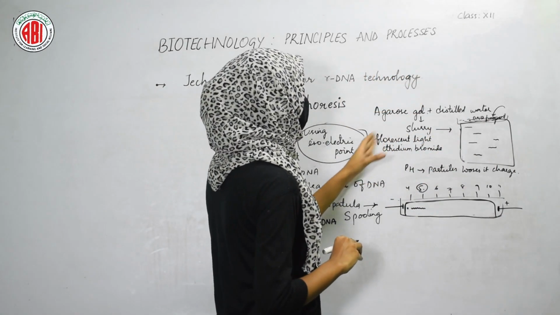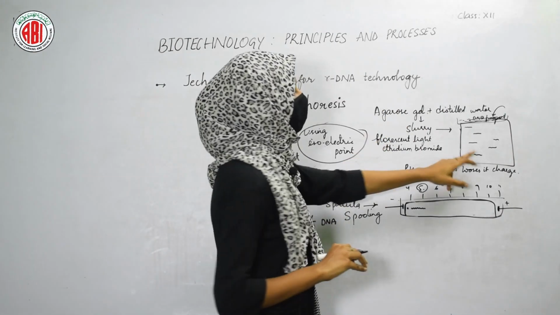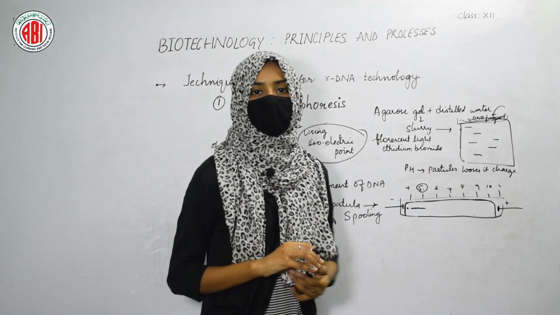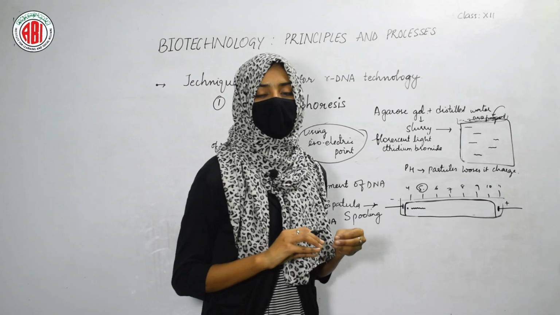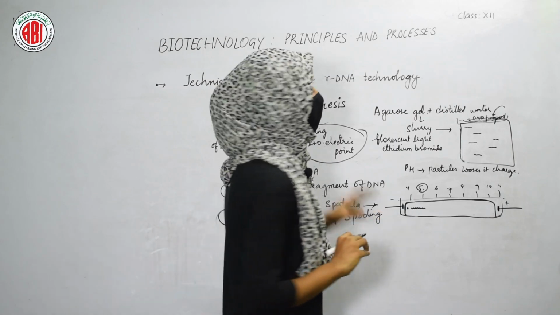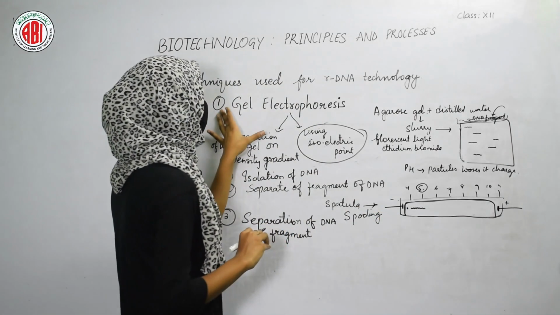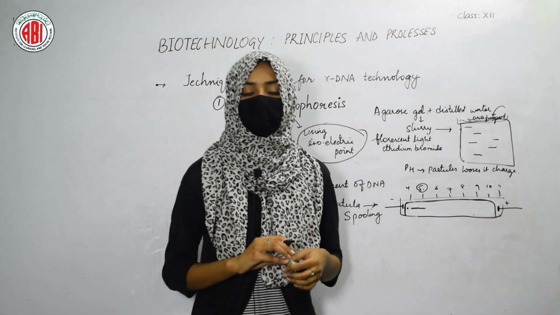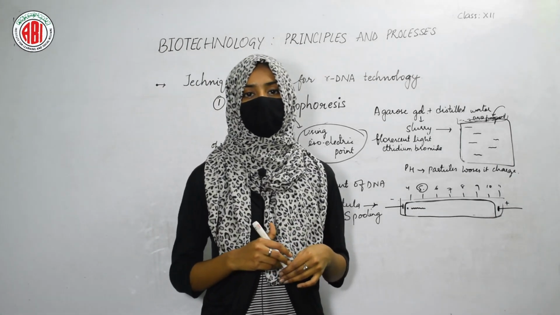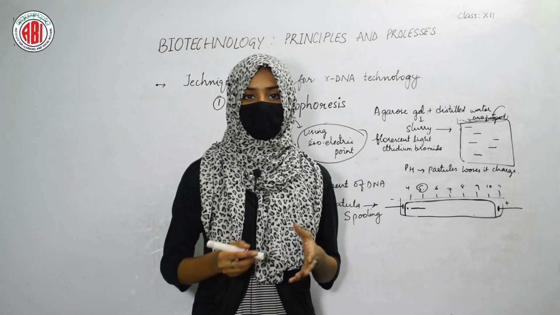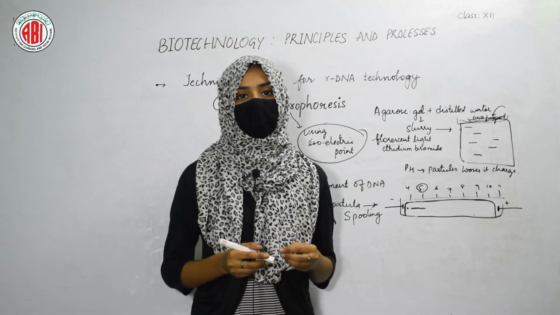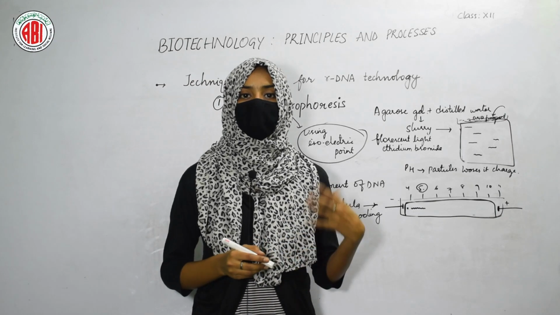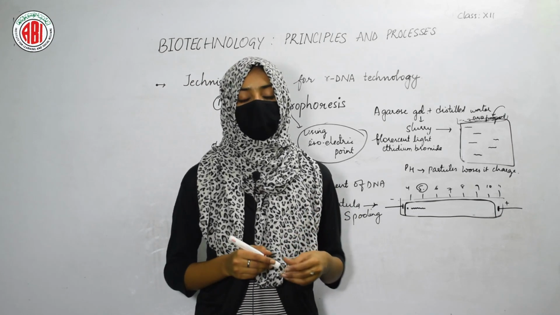When we expose this gel plate to the light, the DNA strands present on the gel plate will appear as an orange colored line. In this way, gel electrophoresis is a process by which the separation of the DNA fragments can be done by using the agarose gel plate, and it can be detected or identified by exposure of the gel plate to the light.